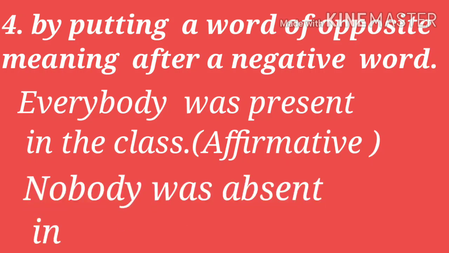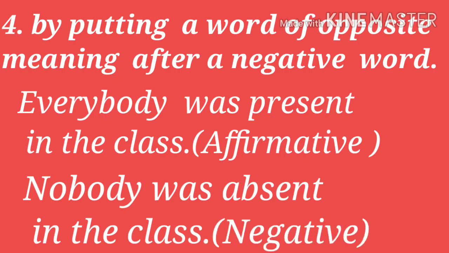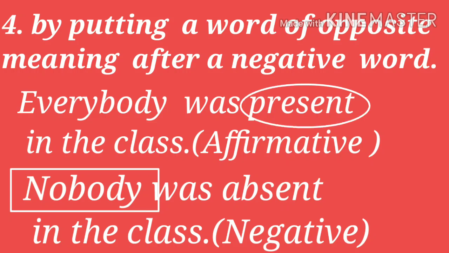"Nobody was absent in the class," and this is a negative sentence because it has the word "no," "nobody," in it. Okay, that makes it negative, and in place of the word present we've written the opposite, that is absent. Okay, so this is how we can change an affirmative sentence into a negative one by the use of opposite words. Okay, and placing a negative word in front of the opposite word.